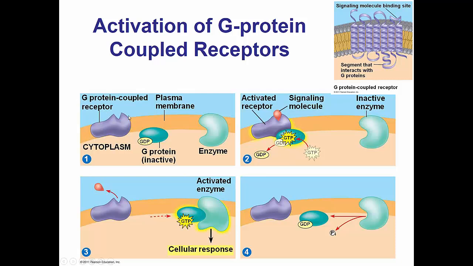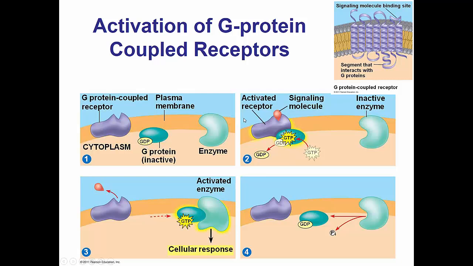So here we have our G protein coupled receptor. Here we have our inactive G protein. Much like RAS that you learned about in the last video, G proteins are also GTPases, meaning that when they're bound to GDP, they're in their inactive state, and they can become activated by releasing this GDP and binding to GTP.